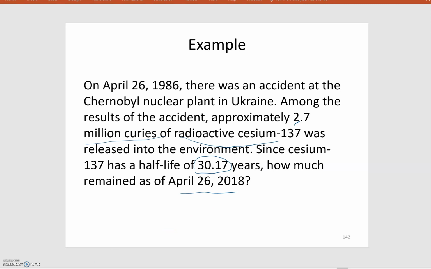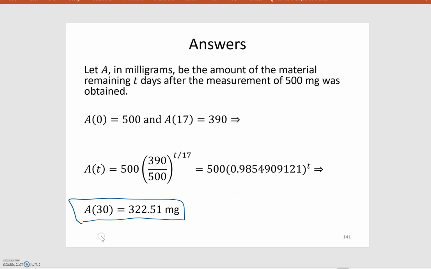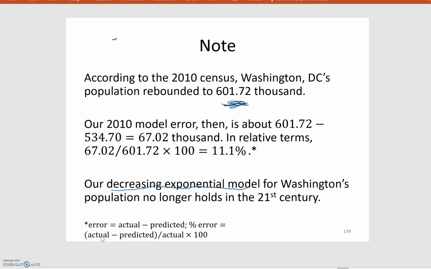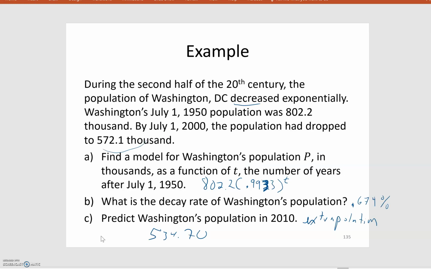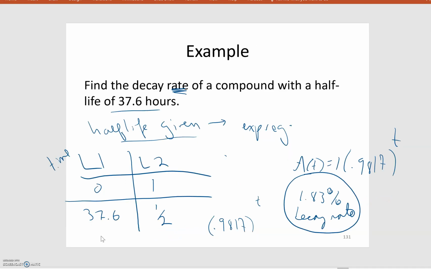So this is very similar to the problems that we've done before. In fact, let me just go back and remind you. Here we go.